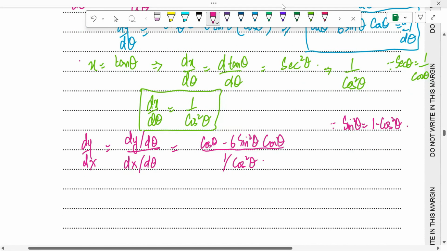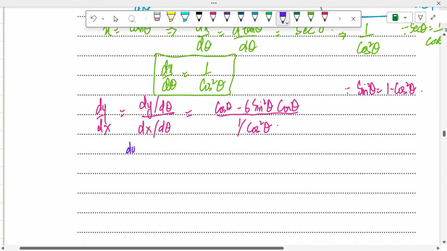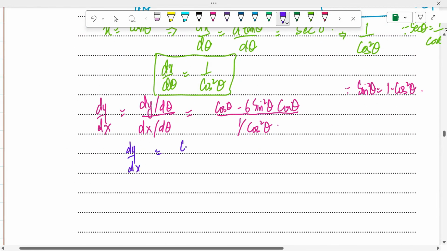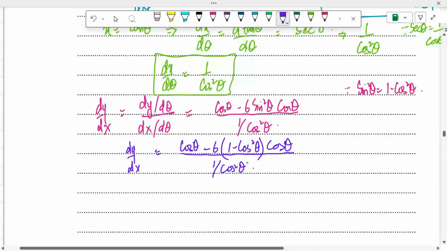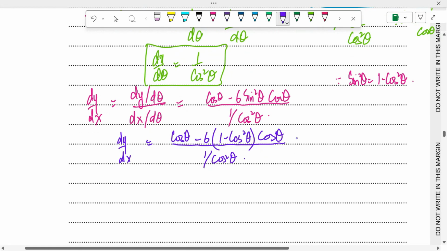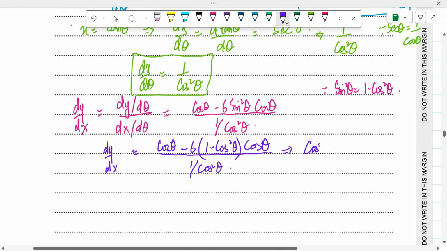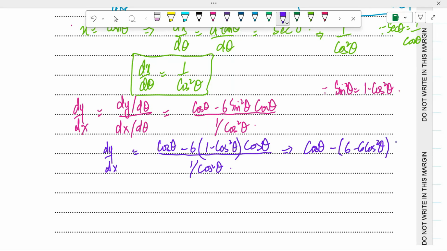So plugging this in, dy over dx is equal to cos of theta minus 6 times (1 minus cos squared theta) times cos of theta, over 1 over cos squared theta. Further solving, we will have cos of theta minus 6 cos theta plus 6 cos cubed theta, over 1 over cos squared theta.